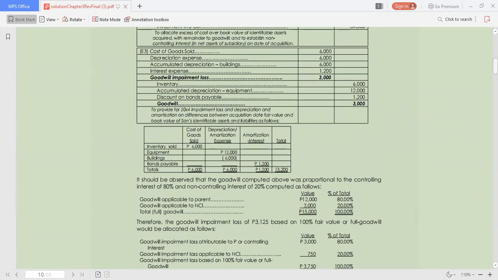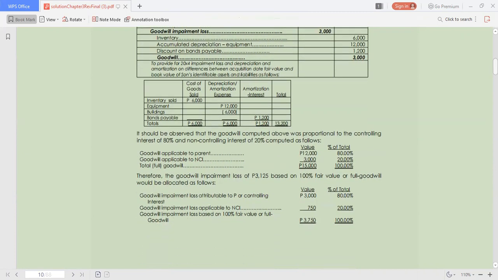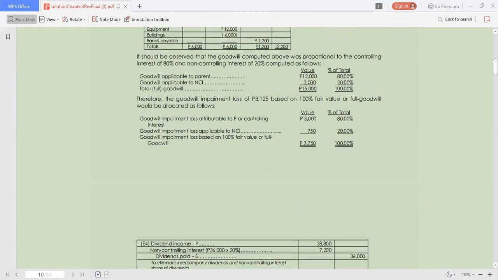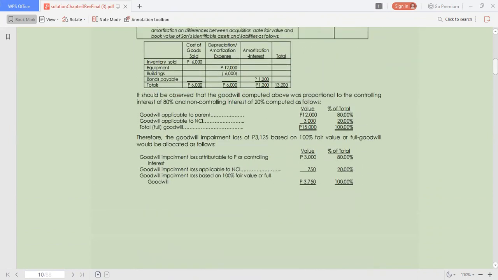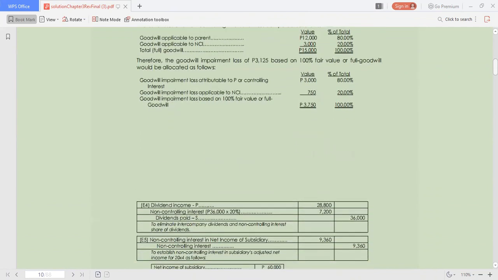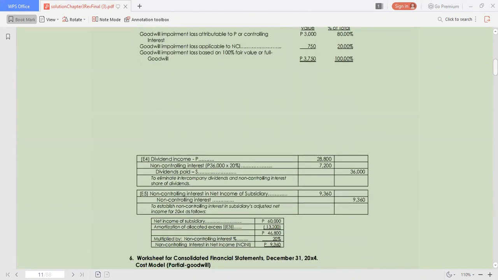In E3, we have the amortization of allocated excess in the amount of 13,200 as computed in this table, and we have to deduct that from the net income of the subsidiary.